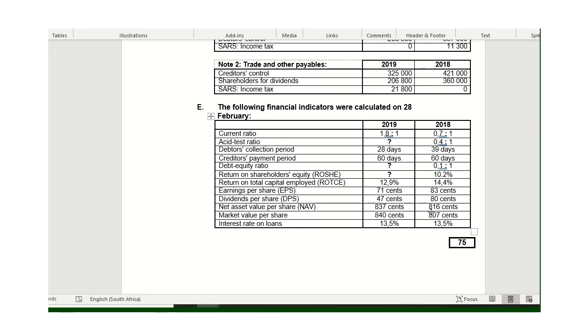Also, the market value per share went up from 807 to 840, which is a 33 cents increase. So people that had bought shares will now get 840 cents compared to last year's 807 cents. So it is showing that the retaining of money was for capital growth. We can also say that the shares most probably went up because the retained income balances went up.